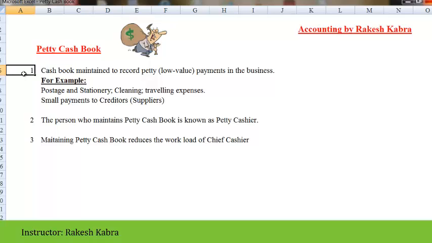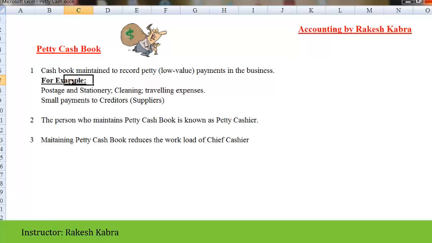So here, see clearly what the purpose of the petty cash book is: a cash book maintained to record petty payments in the business. So that cash book will be termed as what? Petty cash book. And petty payments means payments of low value, small amounts you can say.